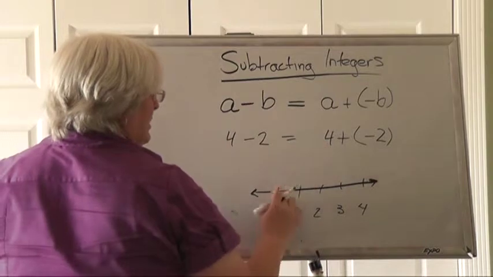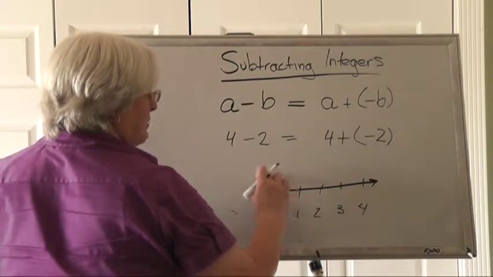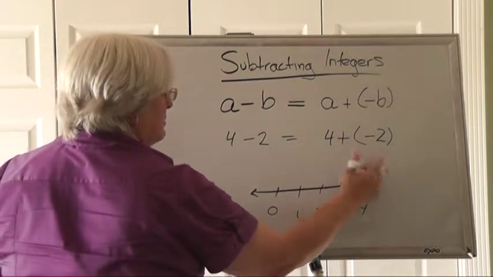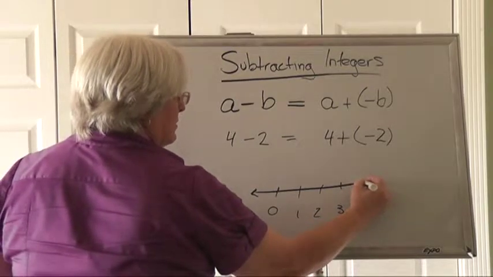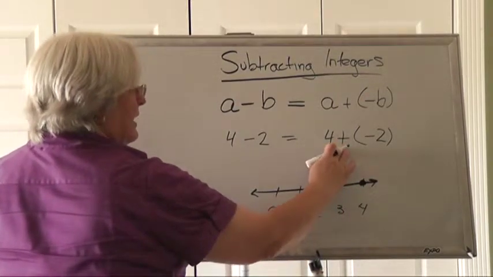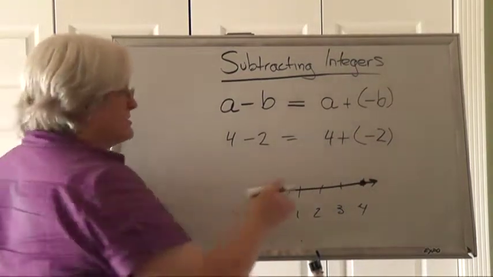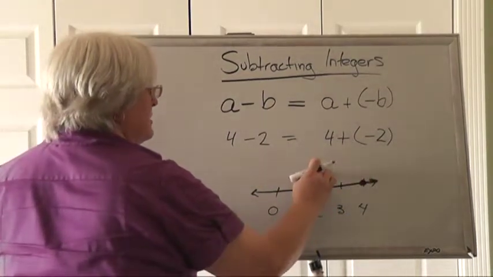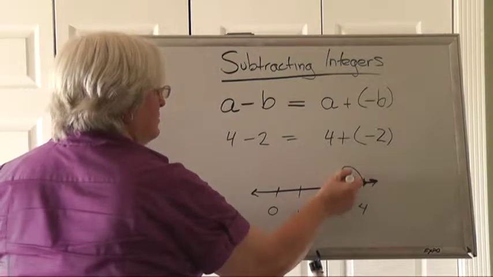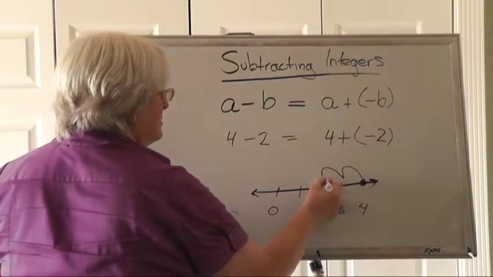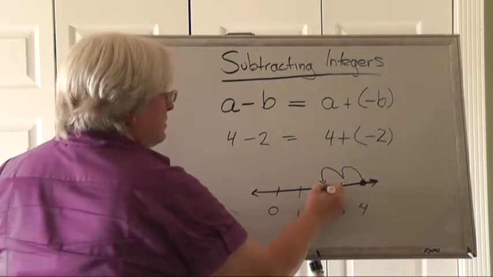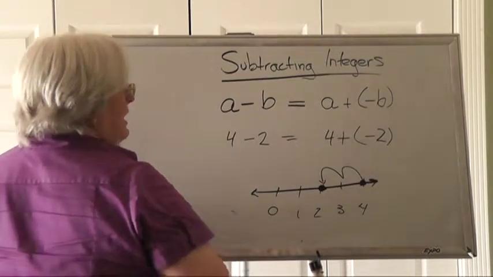Here, we have a positive 4, so we start at 0 and go 1, 2, 3, 4 units to 4. Now we're going to add from our 4 a negative 2, which tells us that we're going to move 2 units to the left, or 2 units in a negative direction, which puts us at a 2.